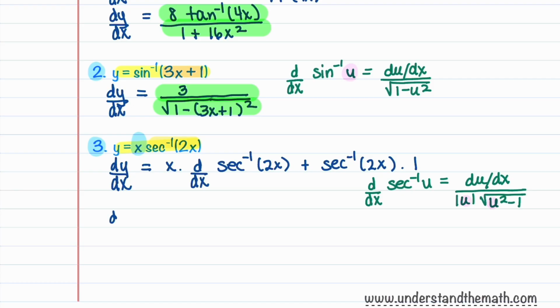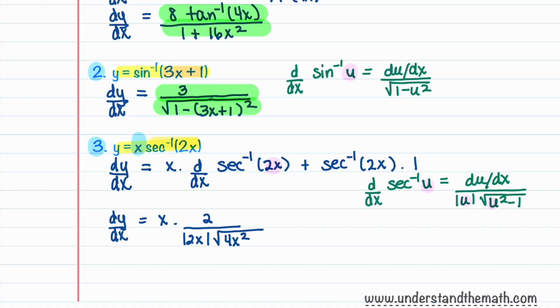So we have dy/dx is equal to x. Now we're going to take the derivative of inverse secant of 2x. The 2x is our u. So we're going to take the derivative of 2x, and that goes on top. So that's a 2. And then we're going to divide that by absolute 2x times the square root of (2x) squared, so that's a 4x squared.